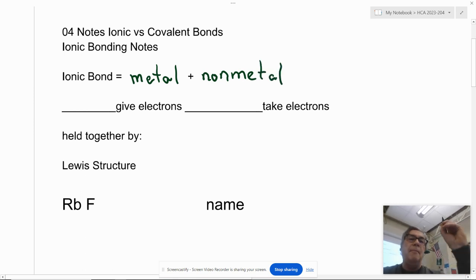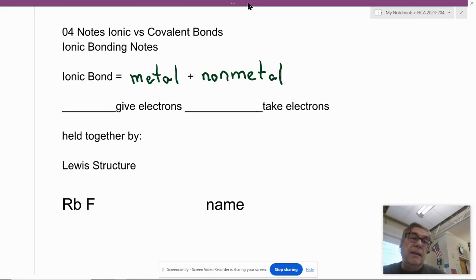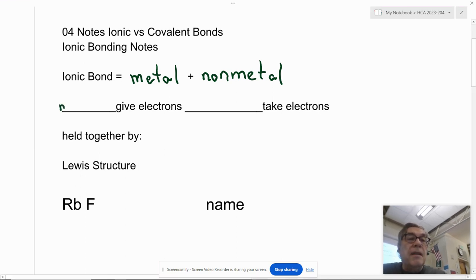And you guys know examples of this. You know that sodium chloride, that's the one everybody just kind of has memorized. But there are lots, there's calcium chloride and there's magnesium chloride and there's iron chloride, and the list is really long. Now, the metal always gives up electrons, and the nonmetal always takes electrons, right?